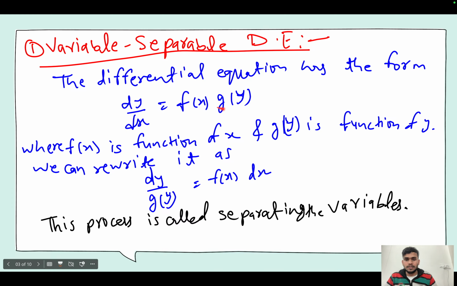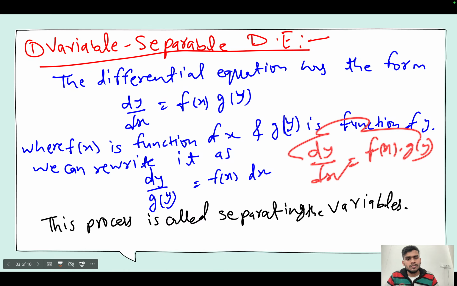You can see here, we can separate these two: send g(y) here and dx here, so it becomes dy by g(y) equals f(x) into dx. This process is called separating the variables.